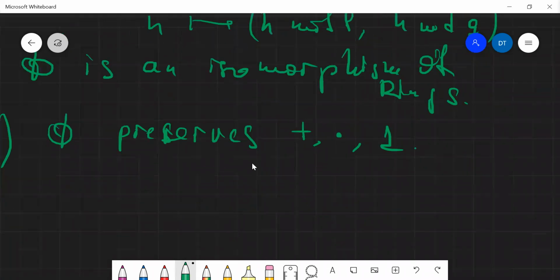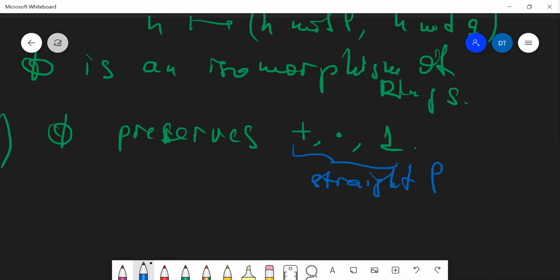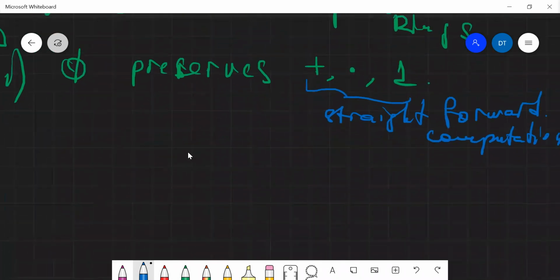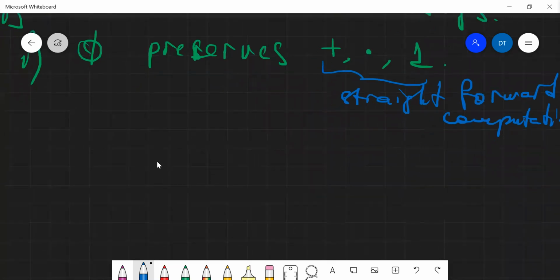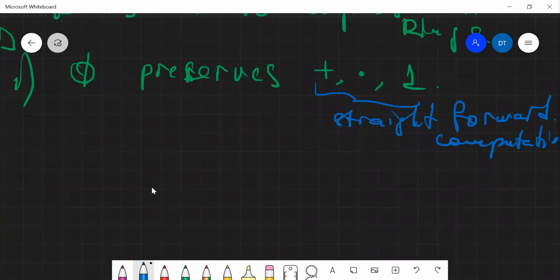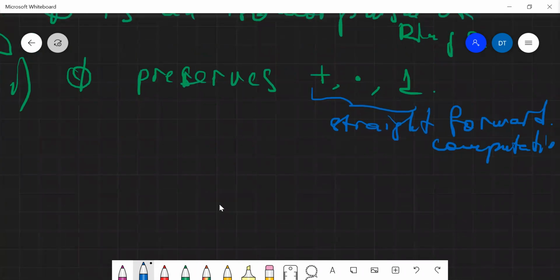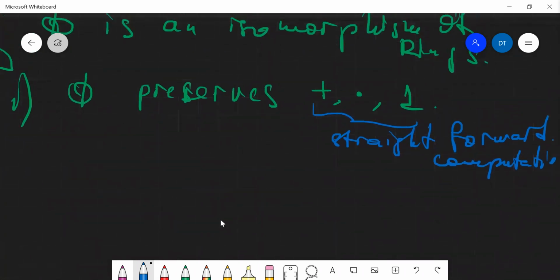So this is just by definition, a straightforward computation. I don't want to be more precise here. This is a good mental exercise, so try doing this.